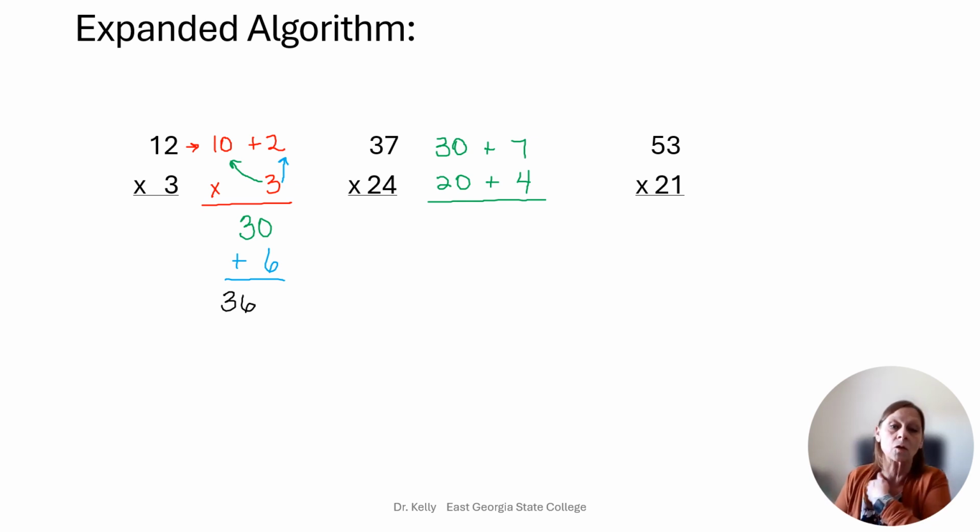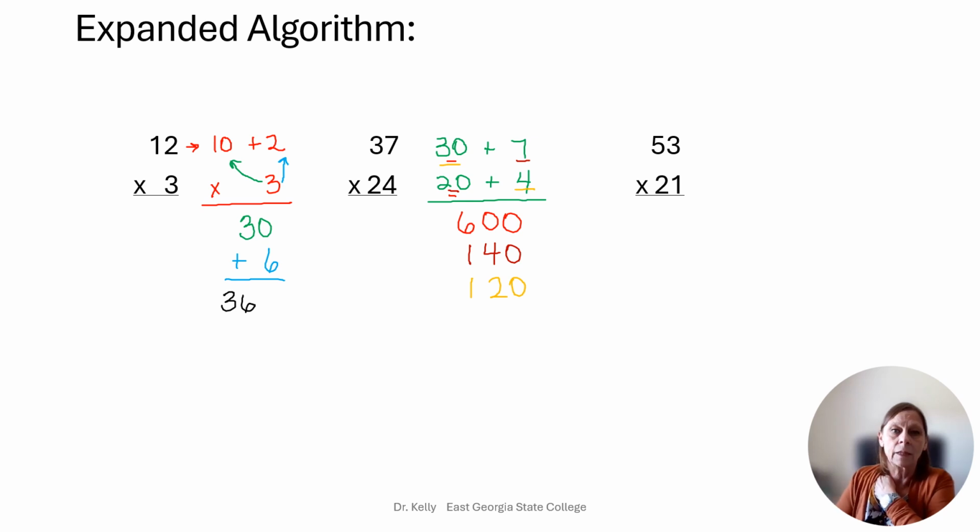Okay, so we're going to start on the left-hand side, and we're going to say 20 times 30 is 600. Then we'll pick up 20 times 7, 140. Then we can pick up here with the 4. 4 times 30 is 120.